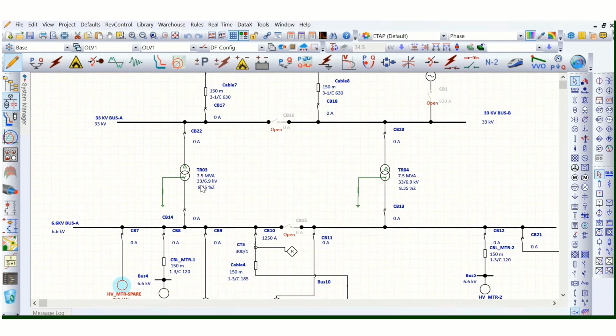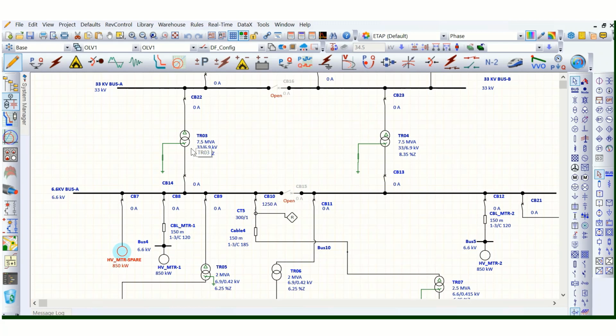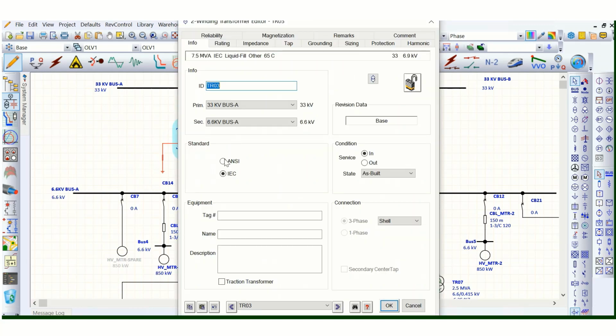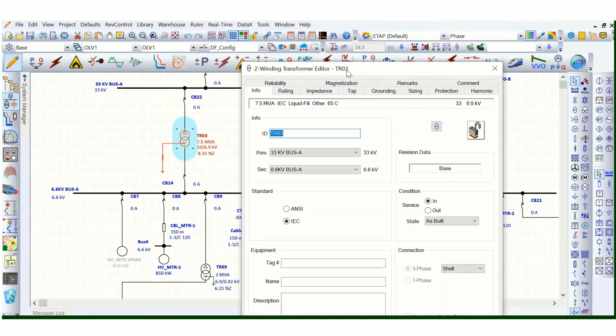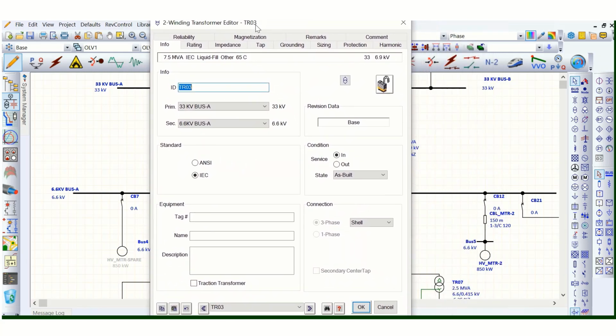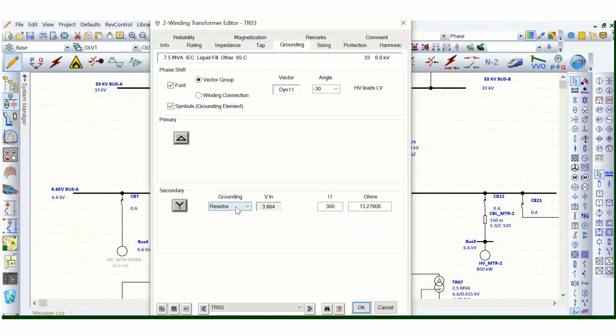So if we allow this ground fault current in this voltage level, 6.6 kV or 11 kV, in that case the motor stator core may get damaged. And here, for this 33 by 6.6 kV step down transformer, we can use the resistive grounding system.